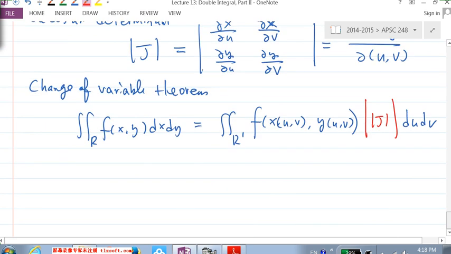So let's verify this change of variable theorem. If you're interested in the proof, I do have some literature I can show you. There is a generic proof of this theorem, but it's beyond this class. So let's take an example, for polar, if I'm talking about polar here.